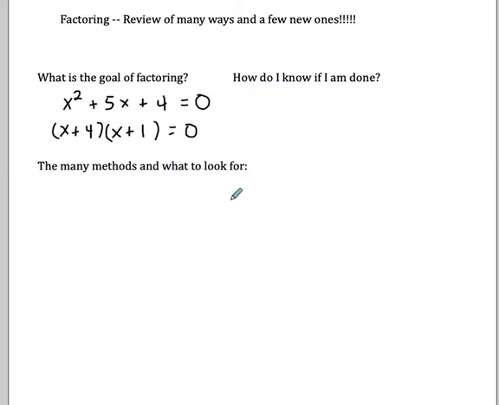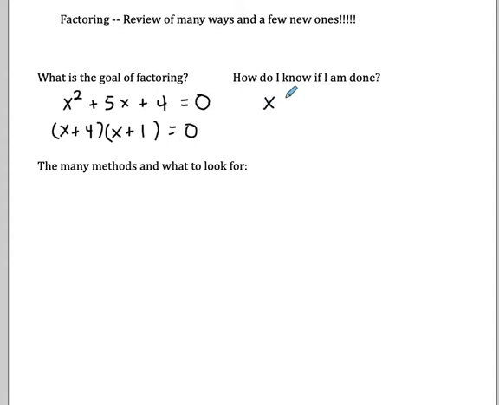And you might remember that the zero product property tells us that if two things are multiplied together and they result in 0, either of those two things could have been 0, right? If the first term was 0, if x plus 4 was equal to 0, then 0 times anything equals 0. And vice versa, if the second term was 0, then 0 times whatever the first factor was would give me 0 as well.